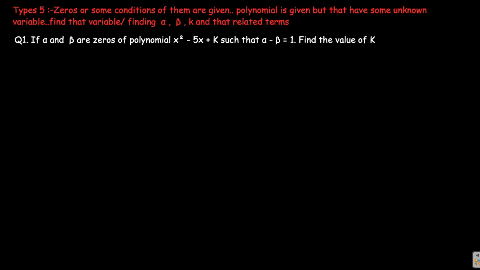In the previous video we discussed polynomials part 1, and in this video we are going to discuss how to find alpha, beta, k or p, whatever the unknown quantity is, or the different kinds of probable forms of the roots, like 1 by alpha plus 1 by beta, or alpha minus beta, or alpha plus beta, and also some unknown variables present in the polynomial.